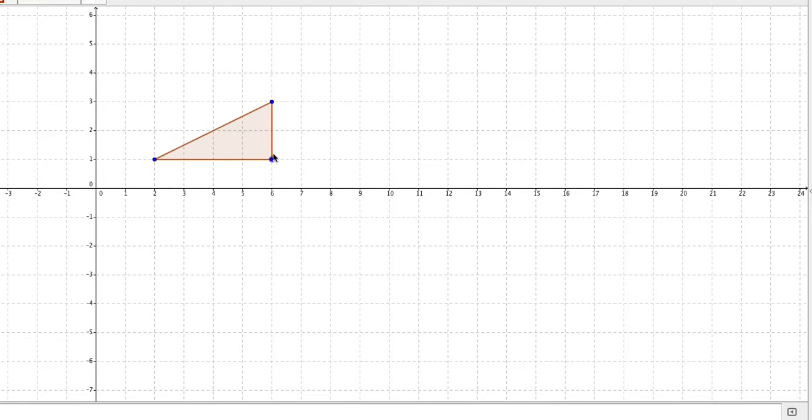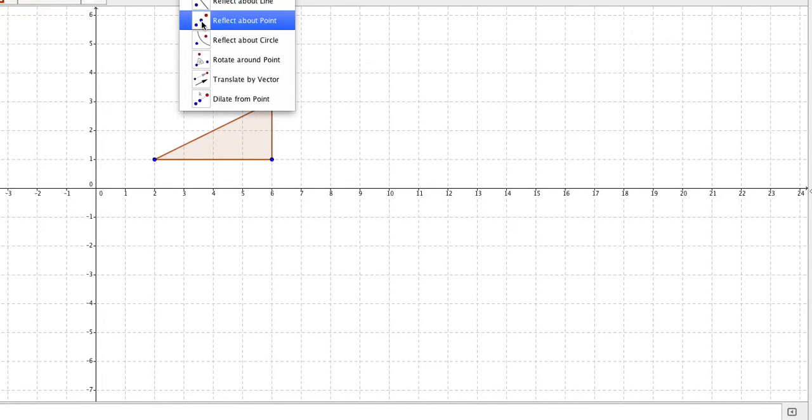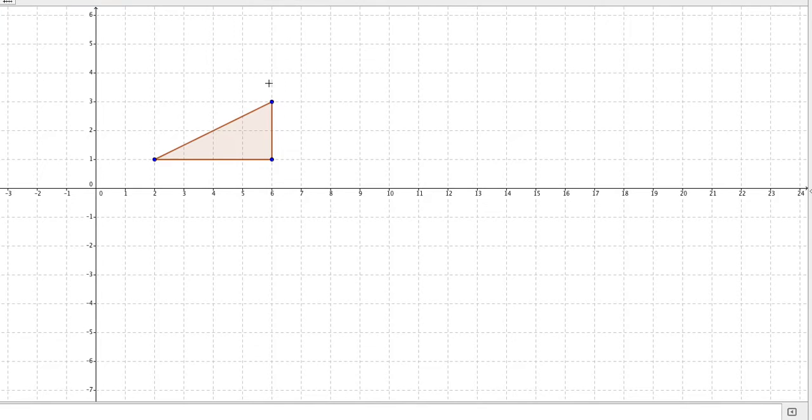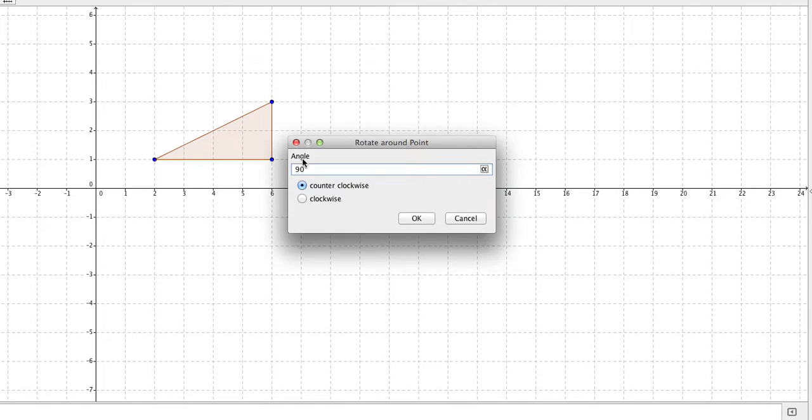We want to rotate this triangle on this point right here. So we want to rotate that triangle around the point, and let's say we want to rotate it by 90 degrees clockwise.